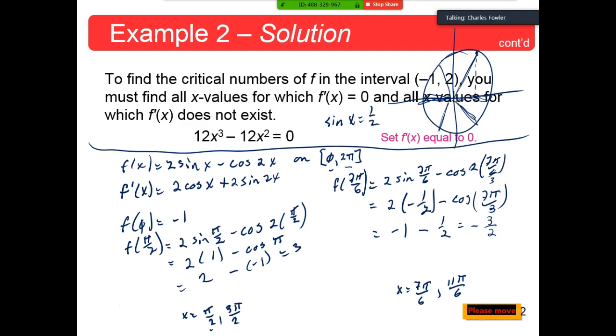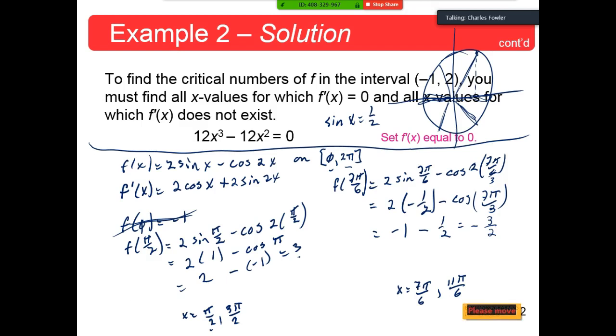I think we have a new candidate for minimum, don't we? This still looks like a possible maximum, but now this wiped out your 0 as a possible minimum, because -3 halves is less than -1. Right? Please say yes. All right.